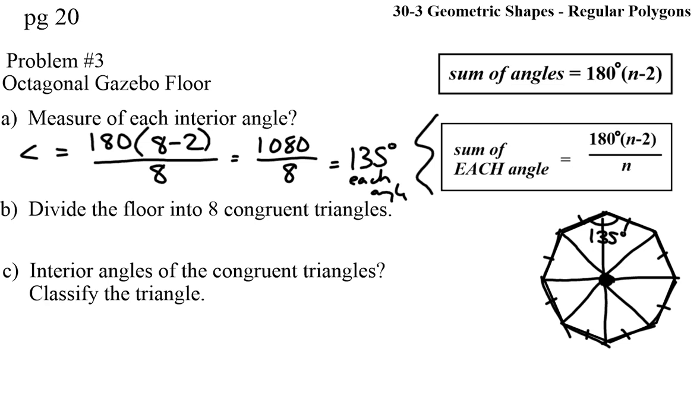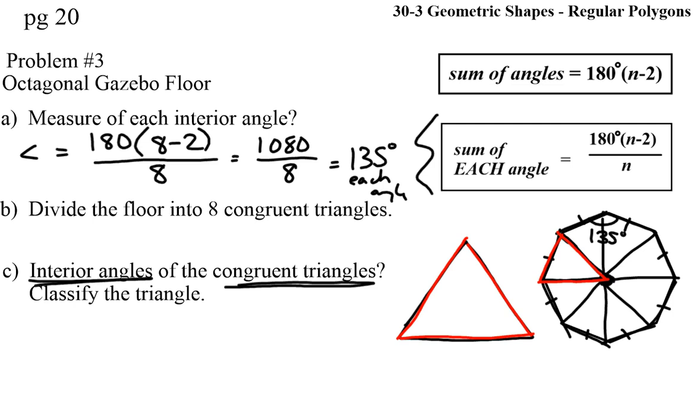So we now have a triangle that has basically been taken from that octagon. There's our new triangle. What do we know about this? What are the interior angles of the congruent triangles?